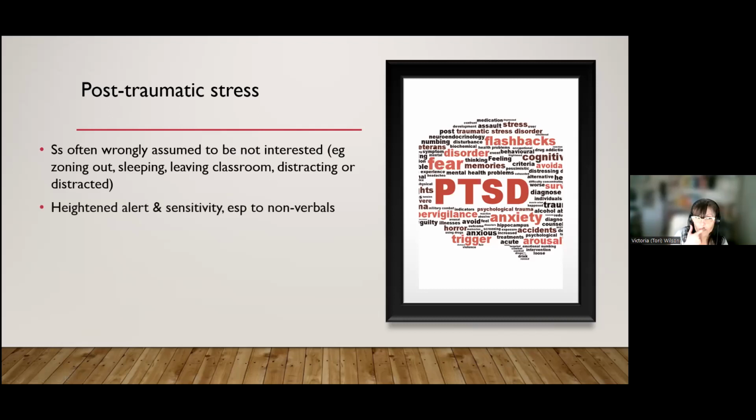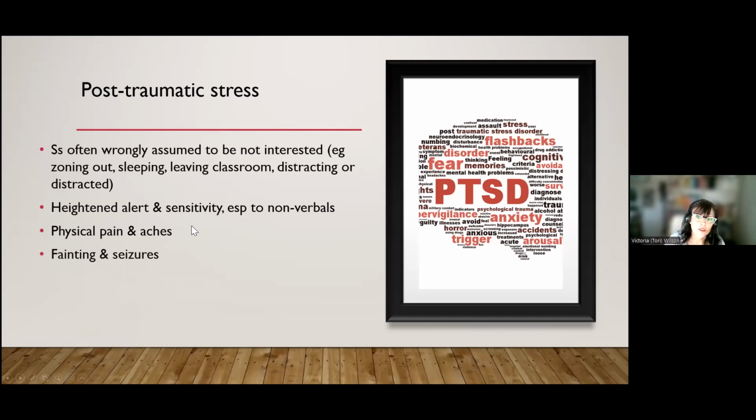Post-traumatic stress can manifest in different ways with different cultural backgrounds, but the physiological changes that are caused by post-traumatic stress disorder are constant across different cultures. In some cultures, it might manifest though more in physical pain and aches.